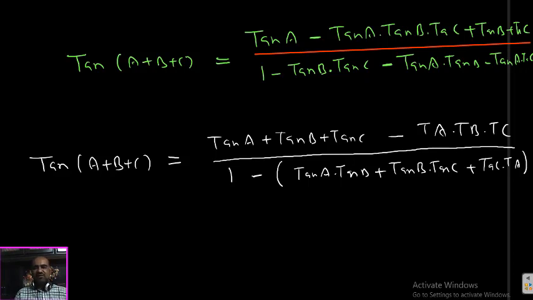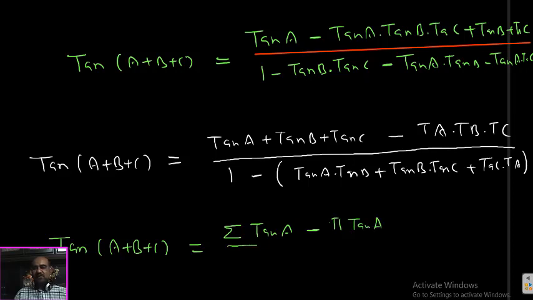But I want to use sigma notation for that. That's why tan of A plus B plus C is remembered as tan A plus tan B plus tan C, which I can write as sigma tan A, minus tan A into tan B into tan C, which I can write as pi tan A, by 1 minus sigma tan A into tan B. That's all.